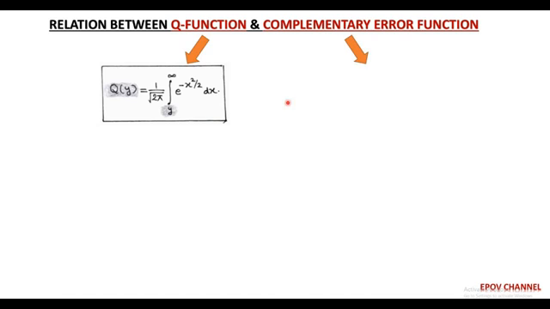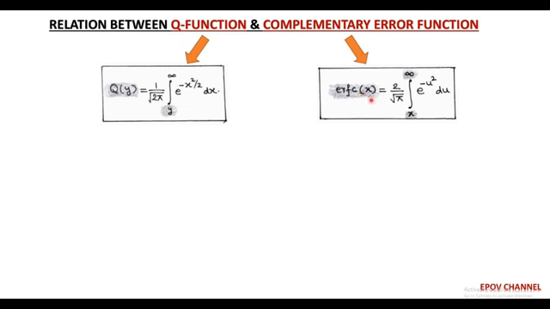And complementary error function is denoted by 2 upon under root pi integration of e to power minus u square into du, taking limit u equals x to plus infinity. Now, for our convenience and for comparison purpose, we can also write Q function having limits same as complementary error function.